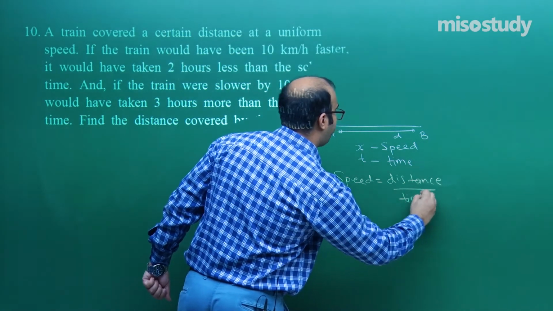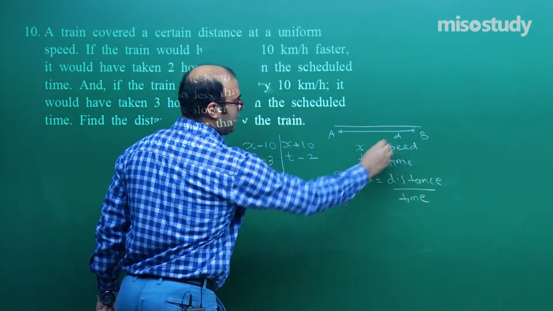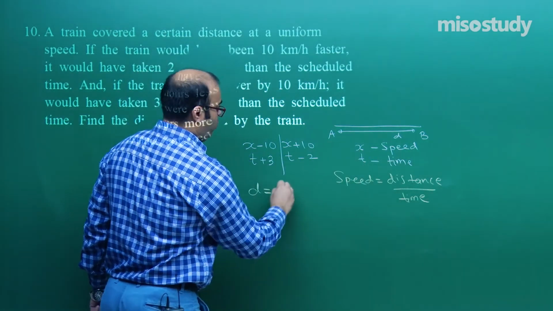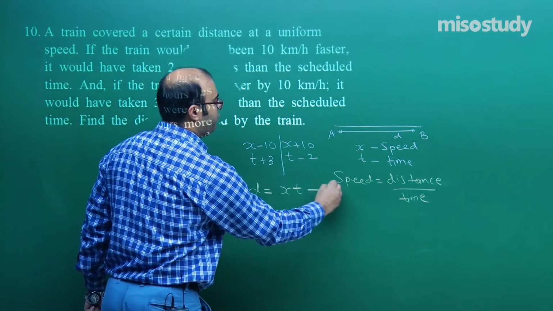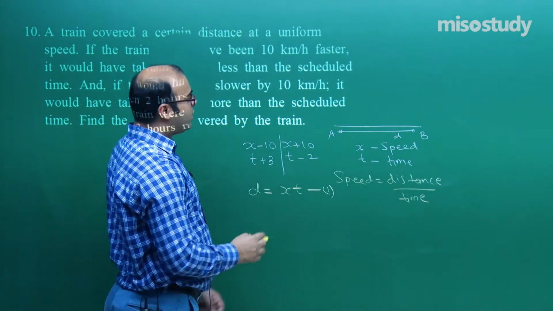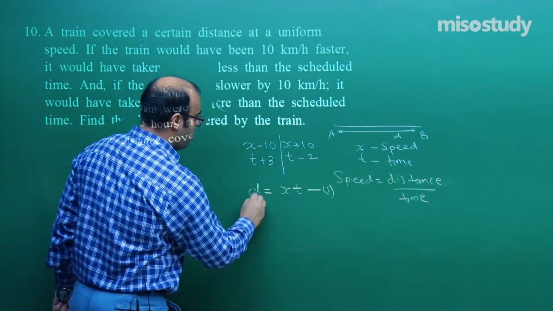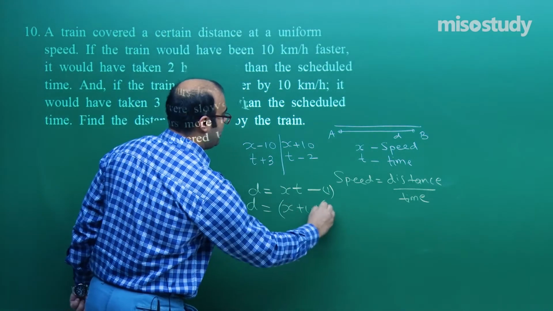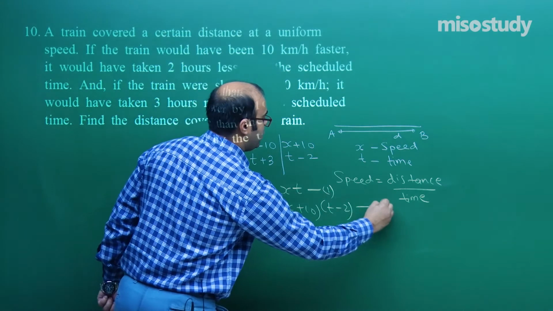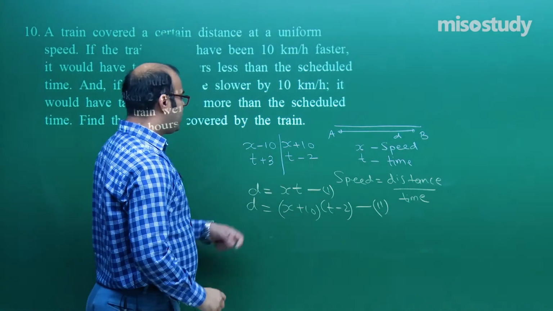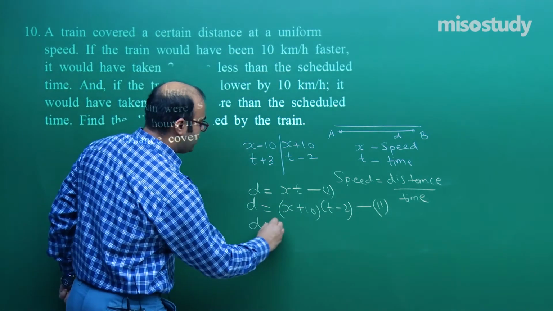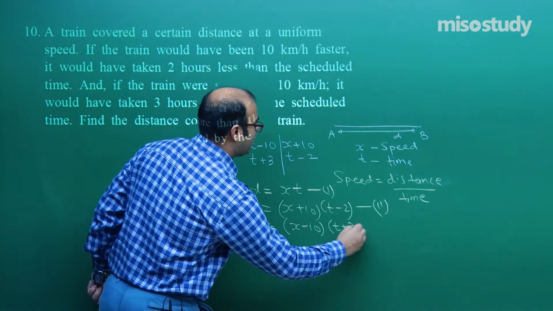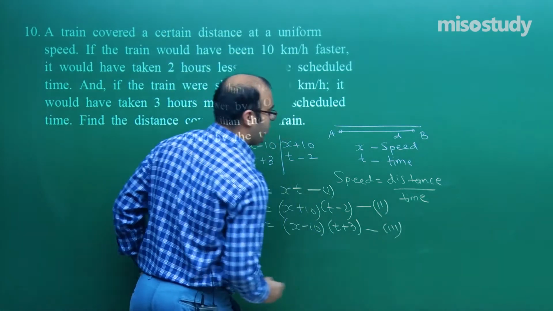So for this distance d, we have speed into time as x into t. This is the first equation. Now for the same distance d, this is also one of the situations where speed is x plus 10 and time is t minus 2. This is the second. What is the third situation? If the same distance is to be covered with x minus 10 speed, then t plus 3 will be the time. This is the third equation which we are getting.